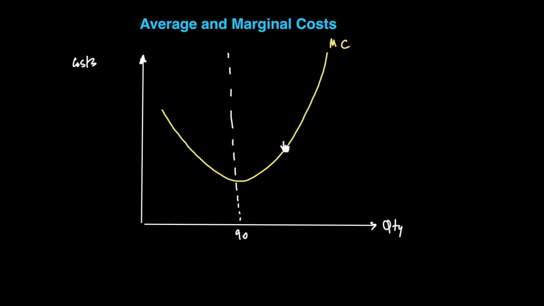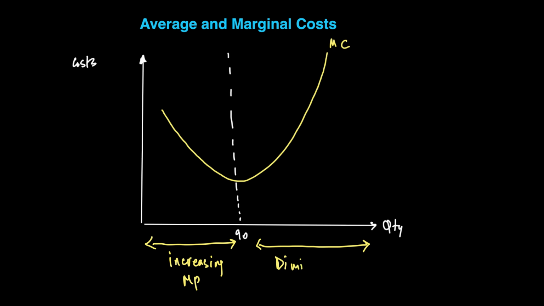While marginal cost starts to rise beyond 90 units of output, and we can attribute this to our increasing MP for the first 90 units, and then later on we will say there is diminishing MP.